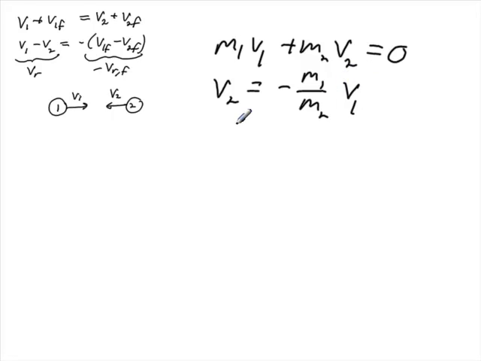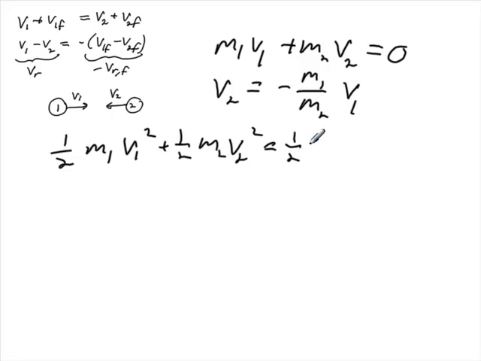So that tells me that 1/2 M1 V1 squared plus 1/2 M2 V2 squared equals 1/2 M1 V1 final squared plus 1/2 M2 V2 final squared.